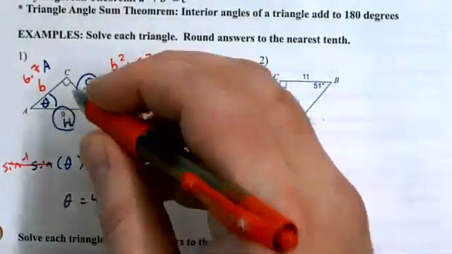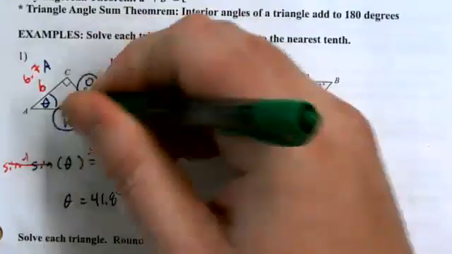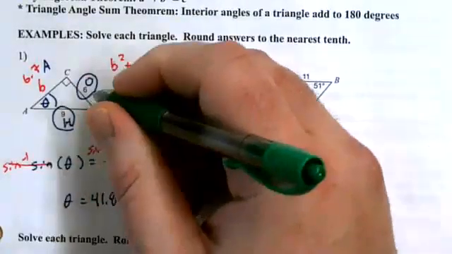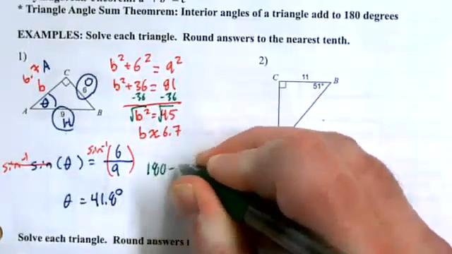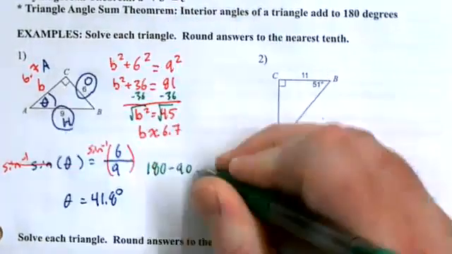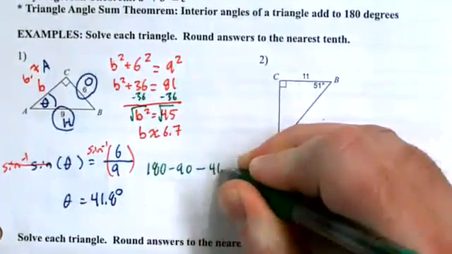Awesome. So basically, I'm using the fact that the angles all add up to 360. Sorry, I made a mistake there. 180. Thank you for the correction. So I'm going to go 180 minus the 90 that we had right there, minus the 41.8 that we just got.